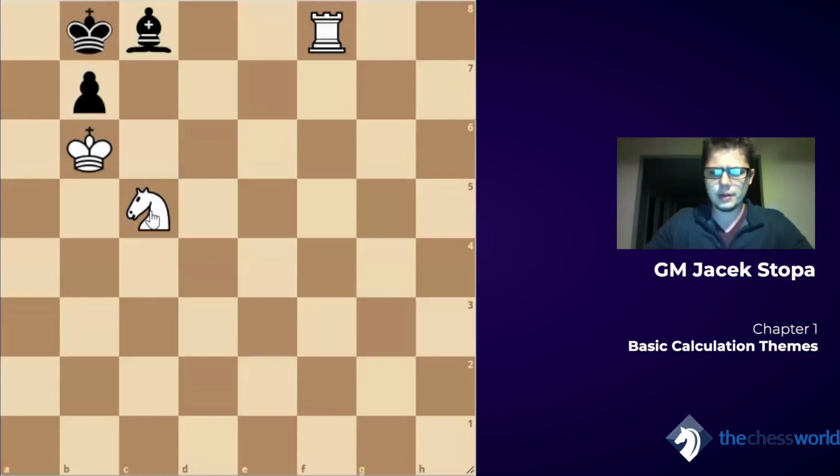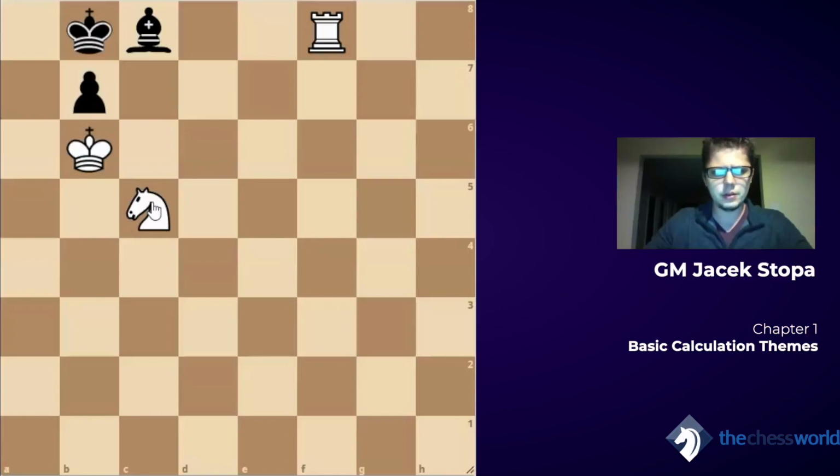Those are not taken from games, but they're composed by these chess players who deal with this discipline known as the composers of chess problems. And this will be a major part of this course, actually, as we'll see later.